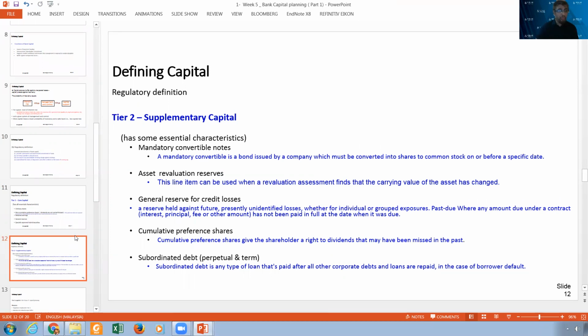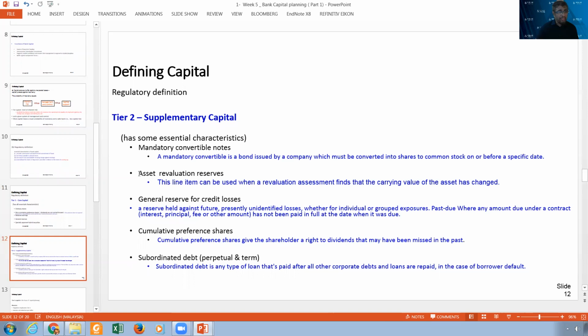So the first one is mandatory convertible notes. A mandatory convertible note is a bond issued by a company which must be converted into shares of common stock on or before a specific date. Because there is a specific date, we make it mandatory, and it becomes part of tier 2. So there is a specific date, which is different from the hybrid securities.